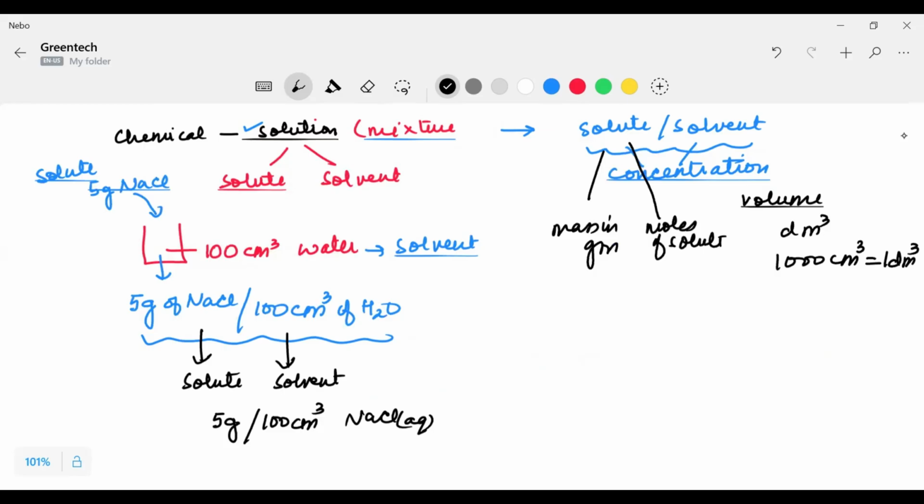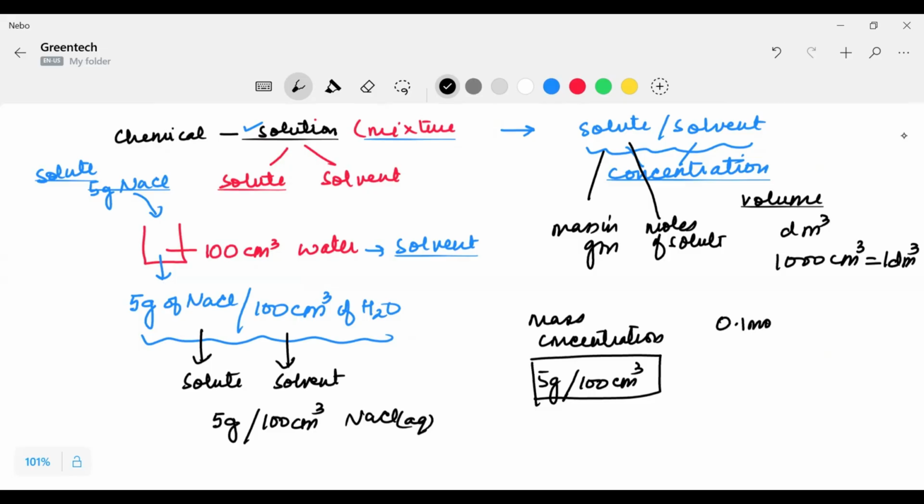So if I take the mass of solute in a particular solvent, I'll be calling it mass concentration. For example, I have 5 grams of NaCl in 100 cm cube of water. So this was an example of mass concentration. But what if I have 0.1 moles of NaCl dissolved in 100 cm cube? There the solute is in moles, so I'll be calling this molar concentration. Are both clear?